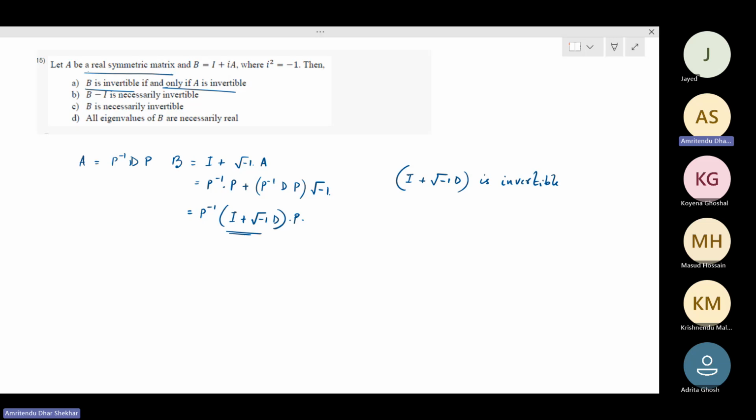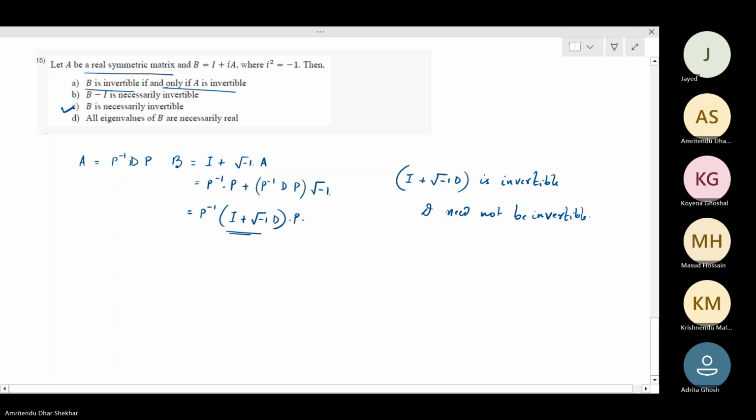In particular, D need not be invertible, but B is always going to be invertible because this matrix is invertible. So this is the correct option.